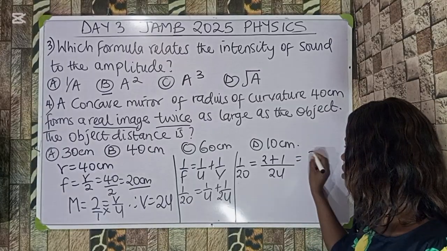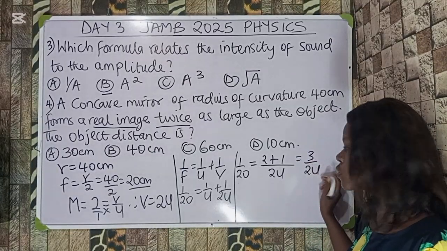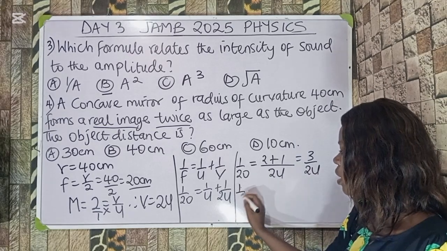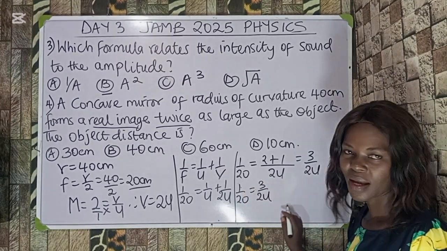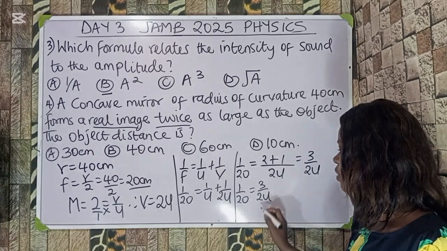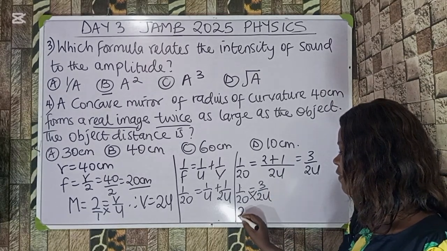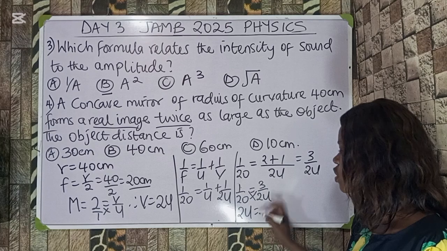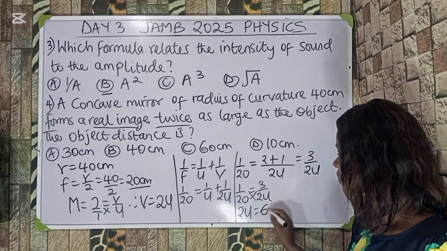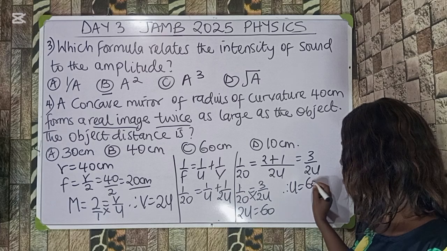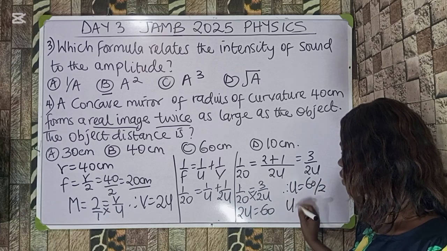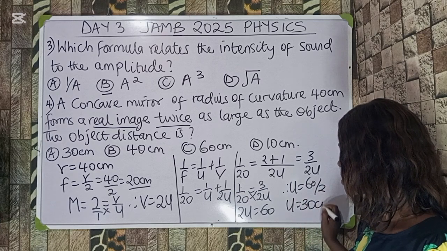So I'm going to have 3 over 2u. So 1 over 20 is equal to 3 over 2u. Can we cross multiply? Cross multiply: 2u is equal to 3 times 20, which is 60. Is that clear? Then therefore u is equal to 60 divided by 2, which is going to give me 30 centimeters.